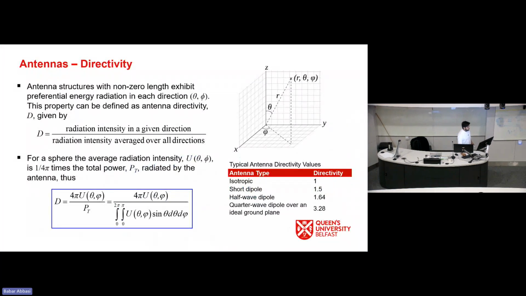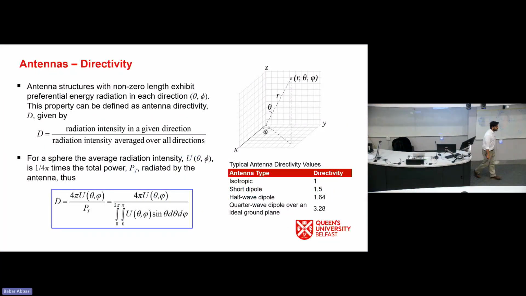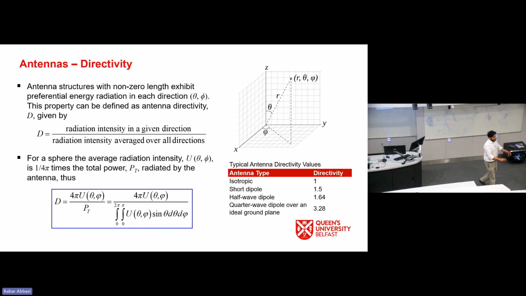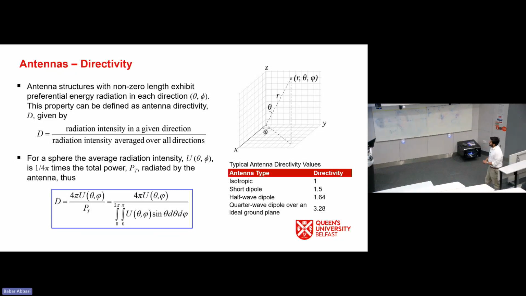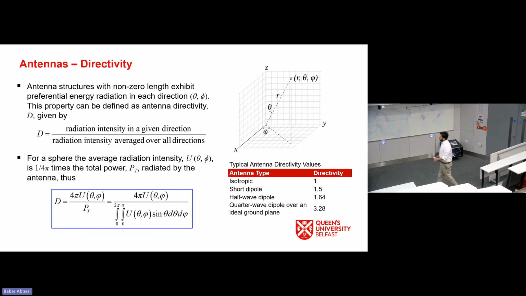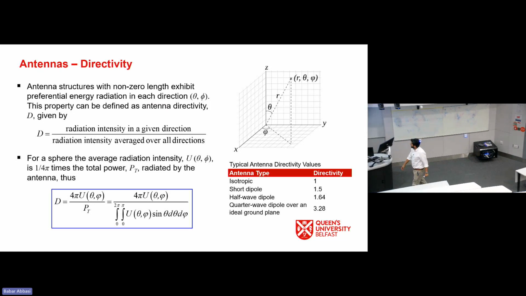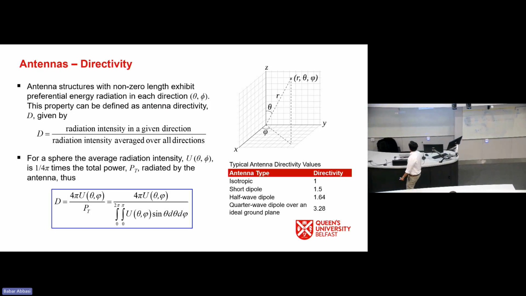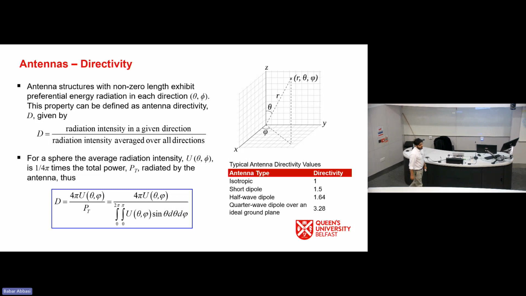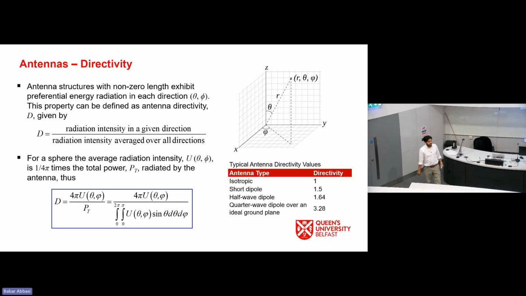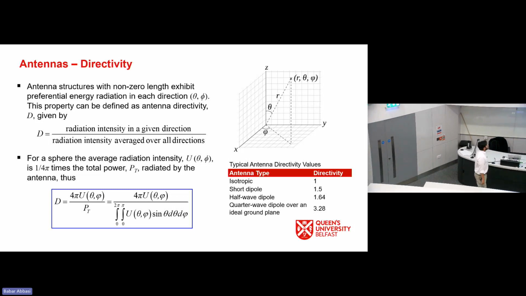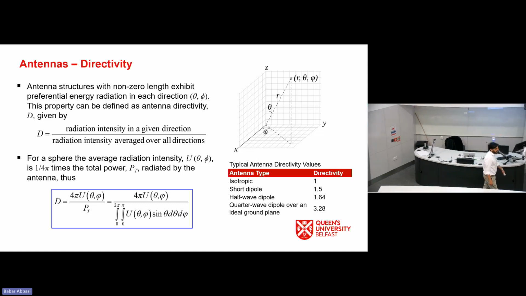Directivity is basically the radiation intensity in a given direction divided by the radiation intensity averaged over all directions. Mathematically, if U is the radiation intensity, then D equals 4 pi U(theta, phi), in the spherical coordinate system, divided by the total transmit power P_T of the antenna.